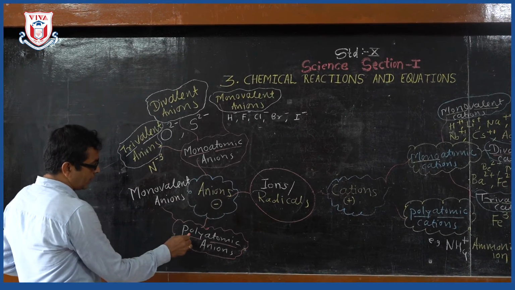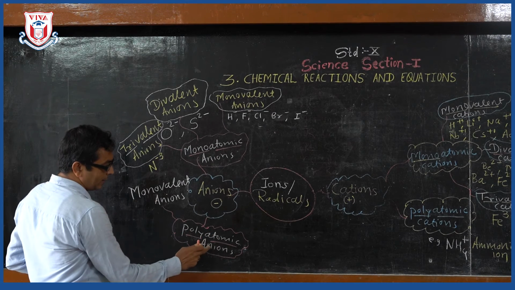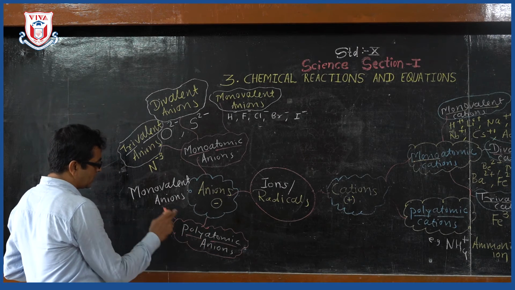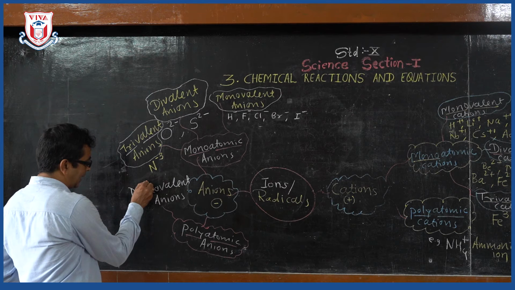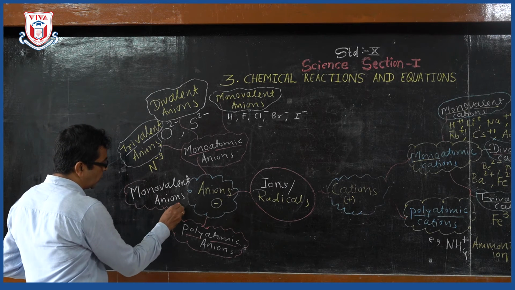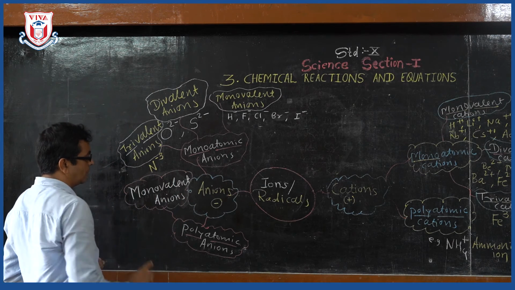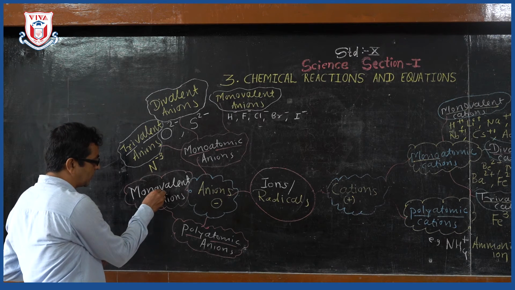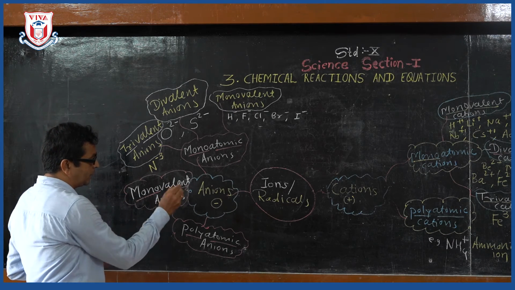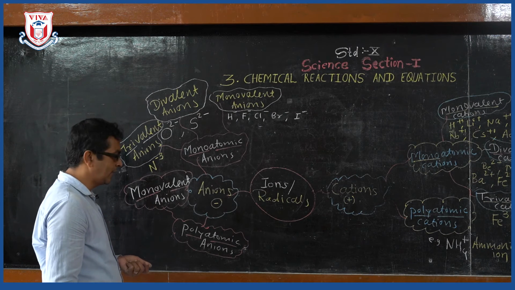Okay, so in polyatomic ions, the first category is monovalent anions. Mono means nothing but what? Single, and valent means what? It's valency, having a single valency.